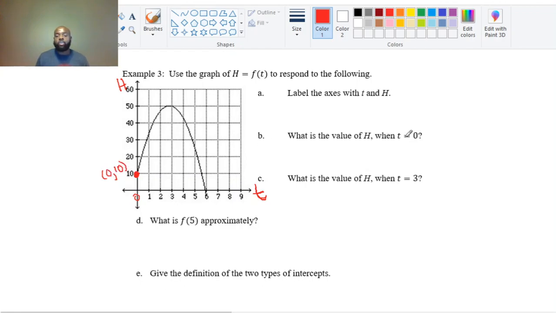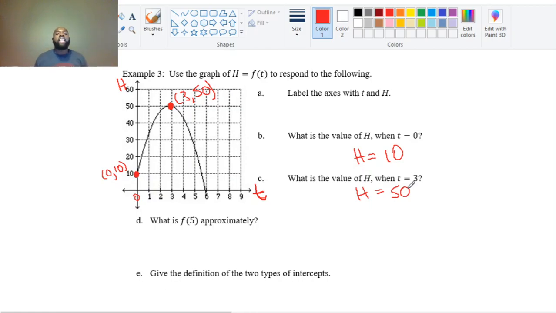So the value of h when t equals 0 is 10. What's the value of h when t equals 3? Well, I go to the right 3 units and find my ordered pair here. All right, this looks a little weird. I'm just going to label this as the point 3, and it has an h coordinate, our second coordinate, of 50. So we say h equals 50.